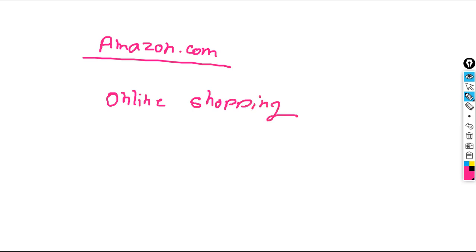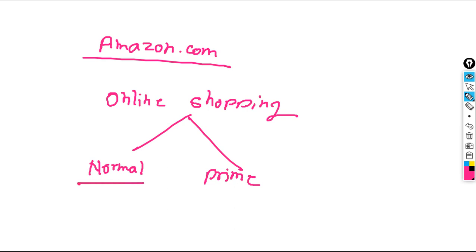There are two types of customers. One is a normal customer and one is a prime customer. Correct. So normal customers have some different service provided by Amazon. Prime customers have some different facility provided by Amazon.